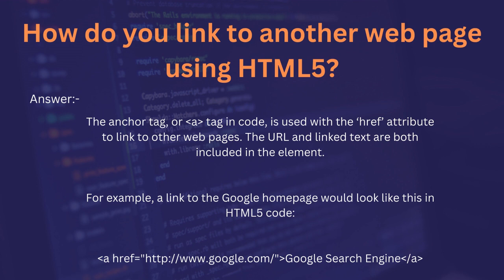The URL and link text are both included in the element. For example, a link to the Google homepage would look like this in HTML5 code. Here we can use the a tag, the href attribute, and the link of the page. Okay.